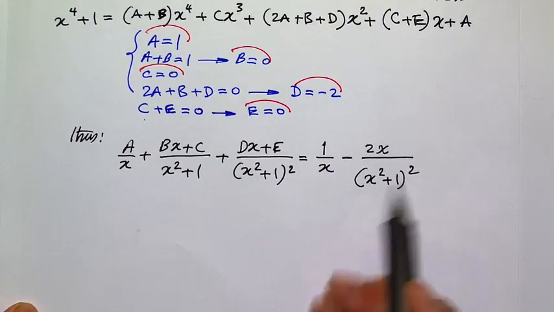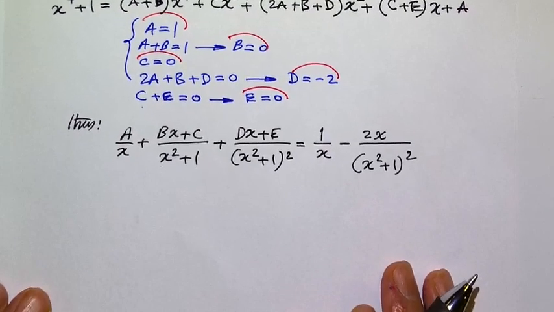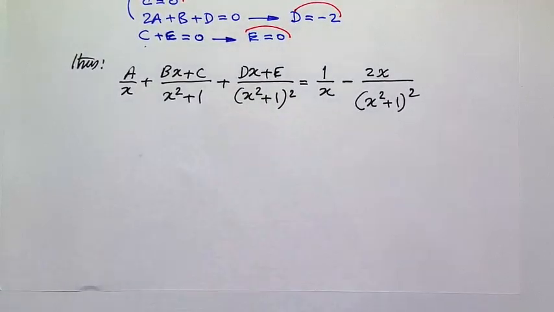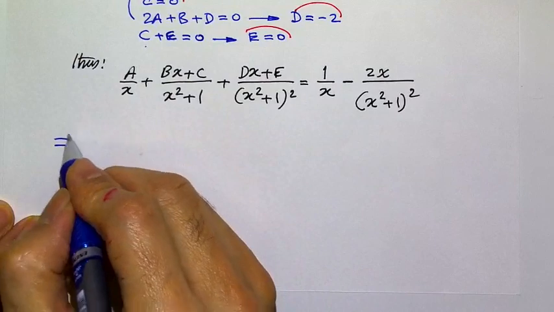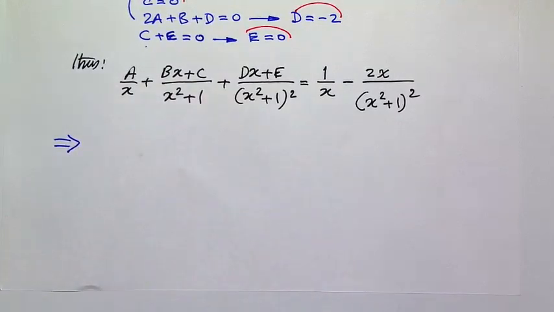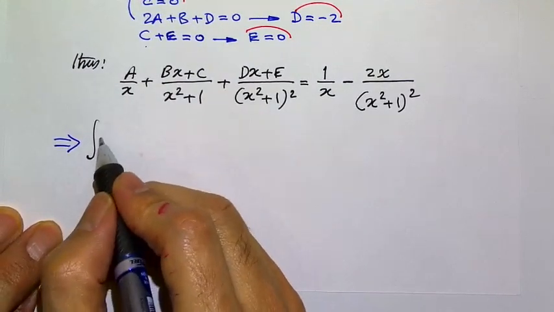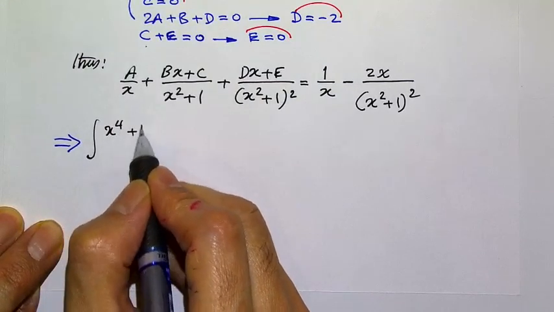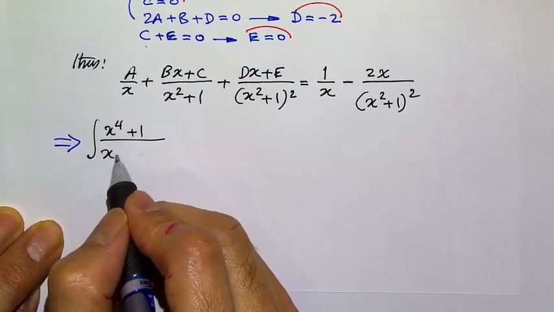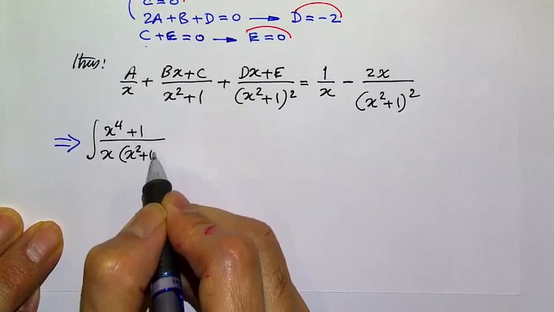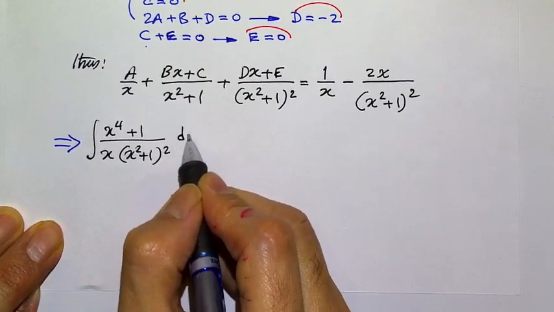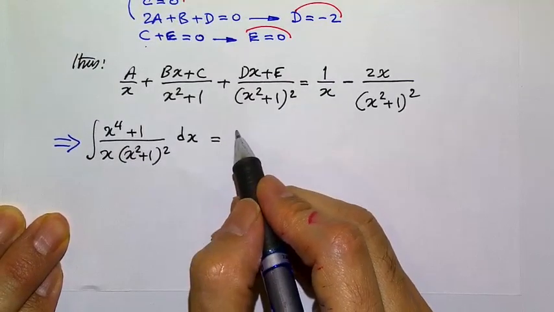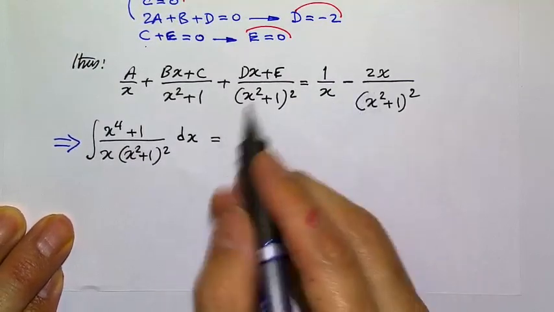Okay? So now we can easily integrate what we have here. So let's set it up. Originally we started with this expression, x to the 4th plus 1 divided by x times x squared plus 1 squared dx, equals, and so we end up with that, right?